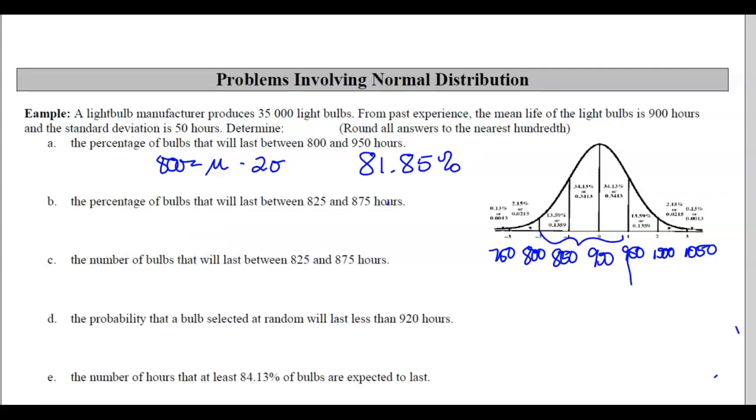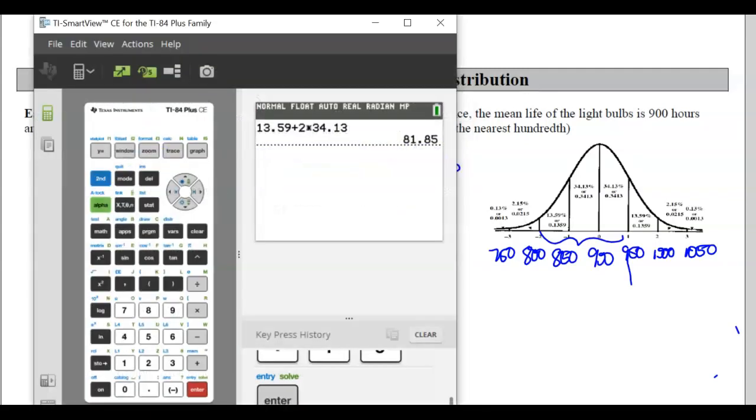Then the percentage of bulbs that will last between 825 and 875. Now those values are not an exact integer value of a z-score or standard deviation. So now let's use our calculator for this one.